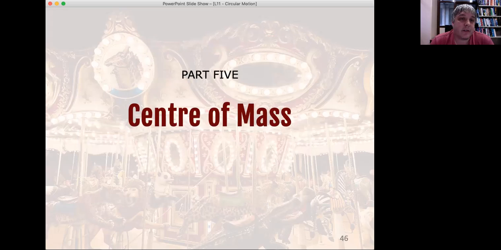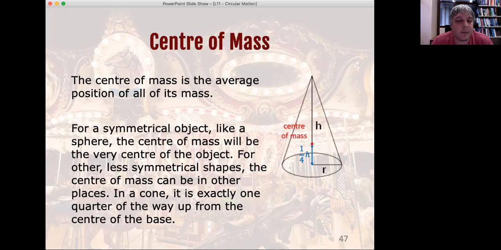The last part of this lecture is on center of mass. So center of mass is a new concept, but we've actually kind of been talking about it already, as I'll point out. So the center of mass is just the average position of all the mass of an object. For a symmetrical object like a sphere or something that's geometrically simple like the cone pictured, it can be very easy to determine.